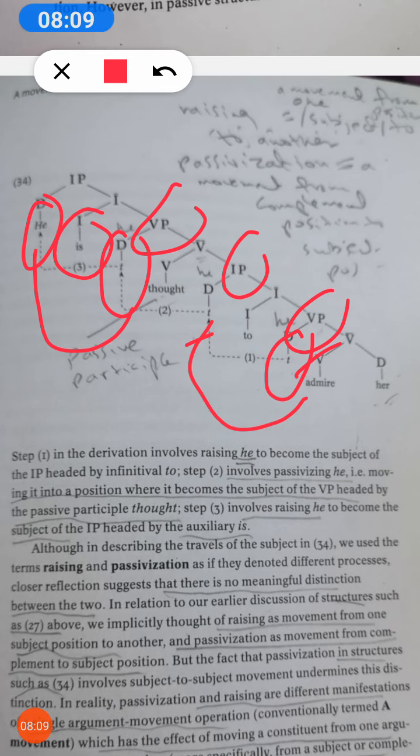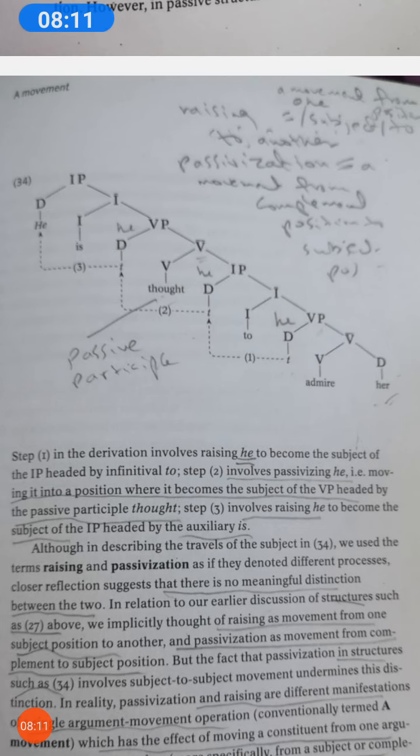So I want to repeat once again. The second type of passivization is subject movement. And this time, it is the subject that is raised from one position into another till it functions as the subject of the passive verb.